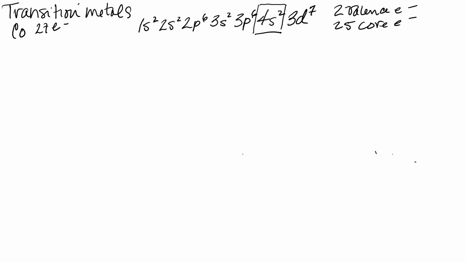When we write an abbreviated electron configuration, we identify the previous noble gas to the element in question. And for cobalt, what would that be? I don't have the periodic table in front of me. I think it's neon, but no, argon.